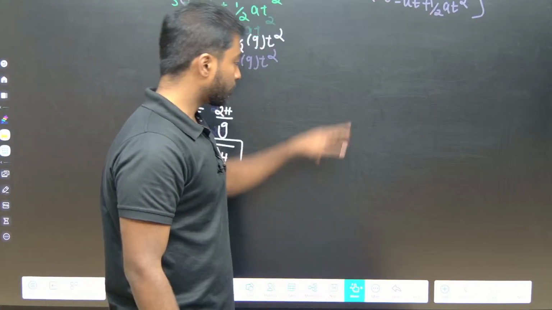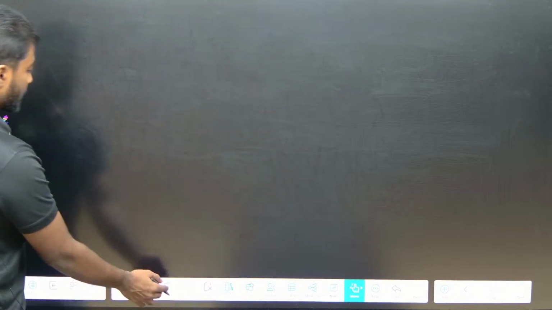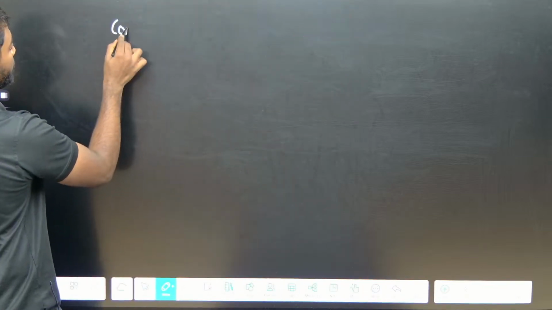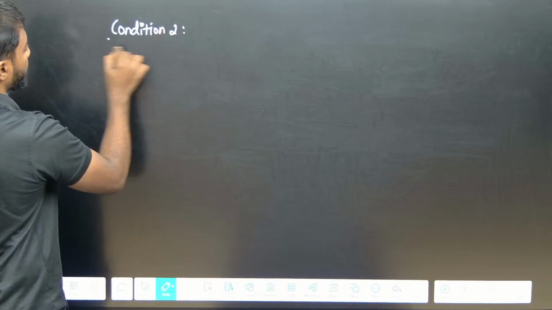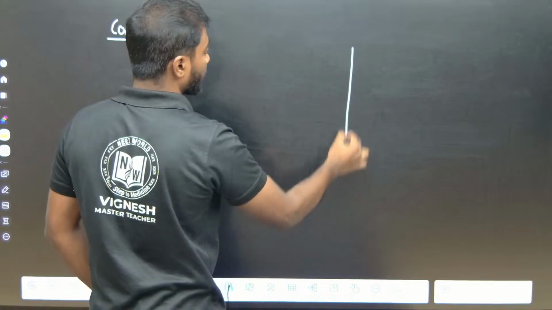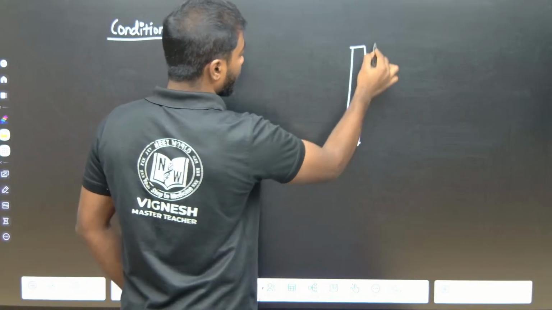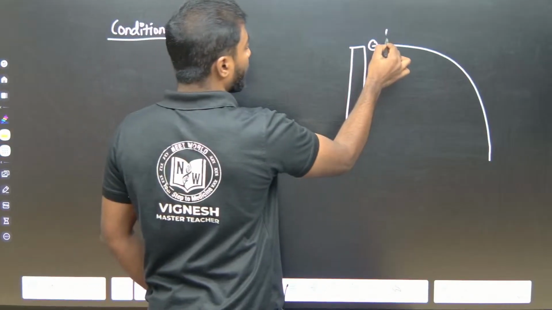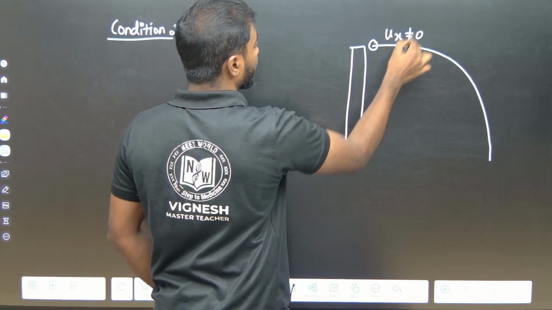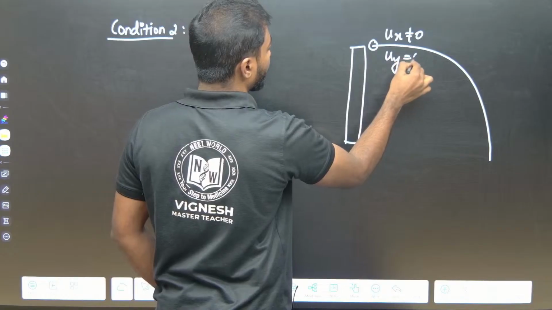Condition 2. What is condition 2? I am throwing the object with some velocity, but when I talk about this, ux is not equal to 0, but uy is equal to 0, right?